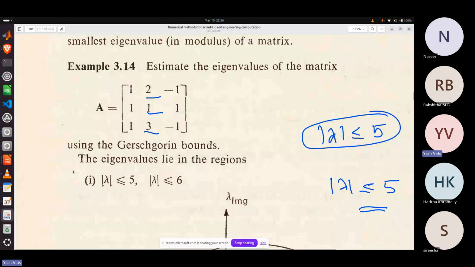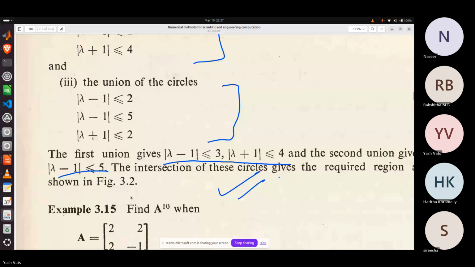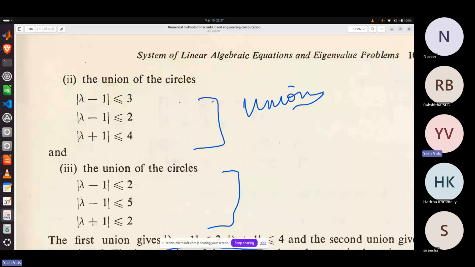First they merge together. This is my pen, so I just show it here. 1 to minus.